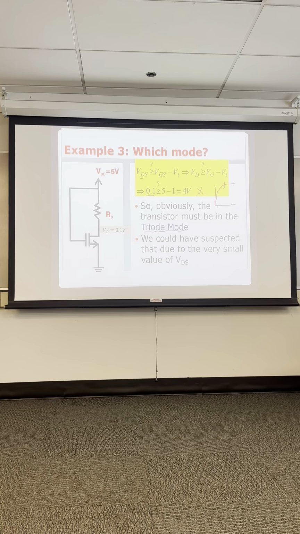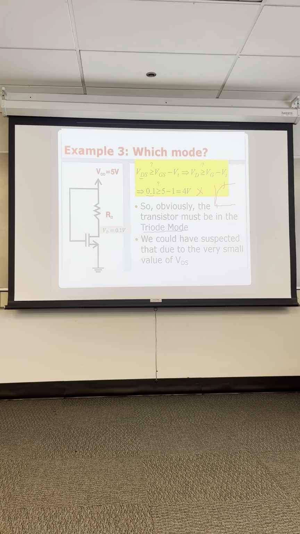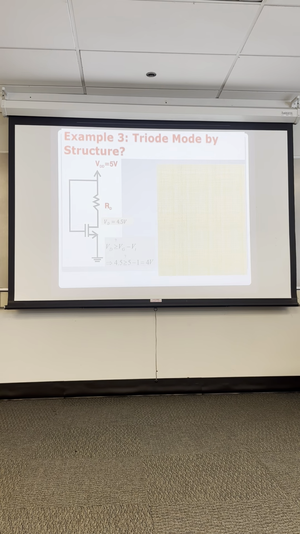So that's kind of giving a hint that the transistor is probably operating in triode. That's kind of recalling the shape of this curve for the device. Now, the idea of triode by structure, this device is not in triode by structure.